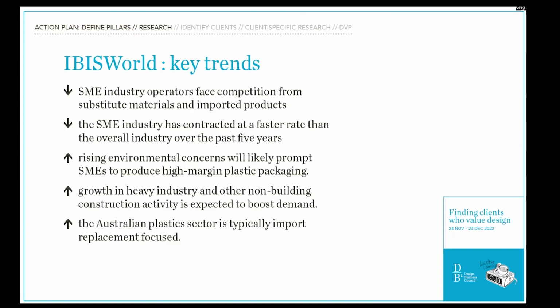Okay, so IBISWorld gives us another set of key trends, which we really need to look at, because that tells us also what directions we're going to need to think of when we're looking at businesses in this sector. So there's a whole lot of competition from imported products and substitute materials. We've talked about the imported products and what that amounts to. The substitute materials: there's a whole movement to say let's get rid of plastics altogether.